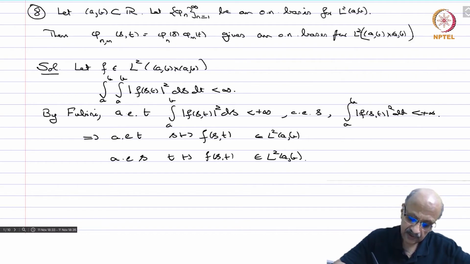So let us consider mod phi nm square ds dt, and this is the integral over AB cross AB.